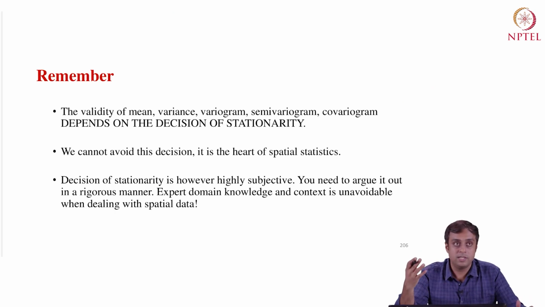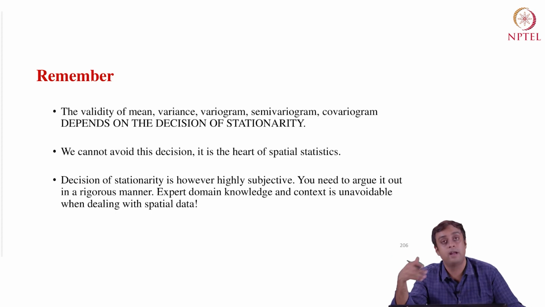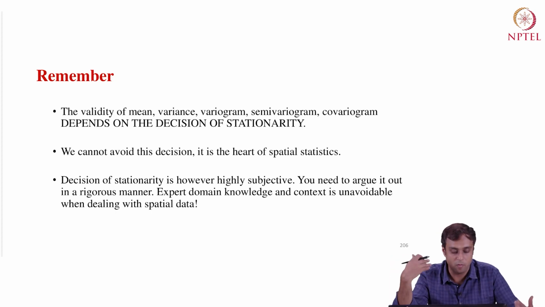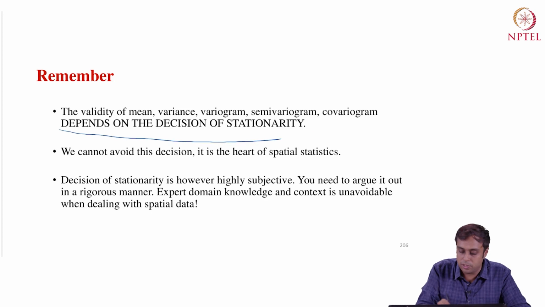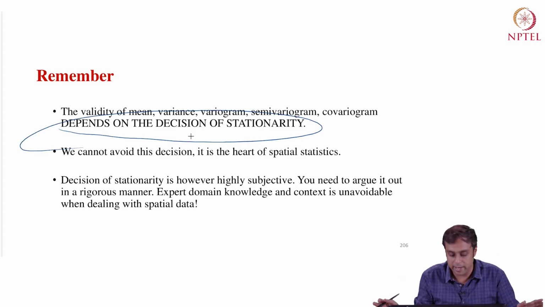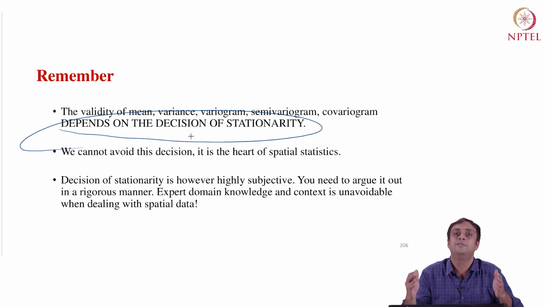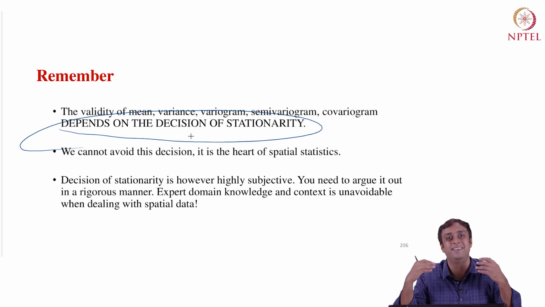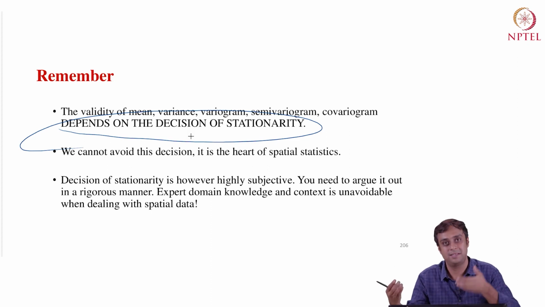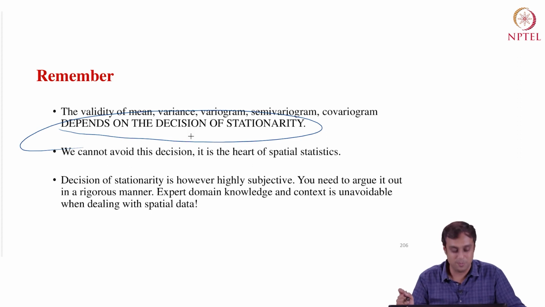So, in summary of this lecture, the validity of any summary statistic in space, that is the mean, variance, variogram, semi-variogram, covariogram or whatever, depends on your decision of stationarity. We cannot avoid this decision; it is the heart of spatial statistics. I started this lecture with this comment, and I am repeating it now with a lot more knowledge at your disposal.